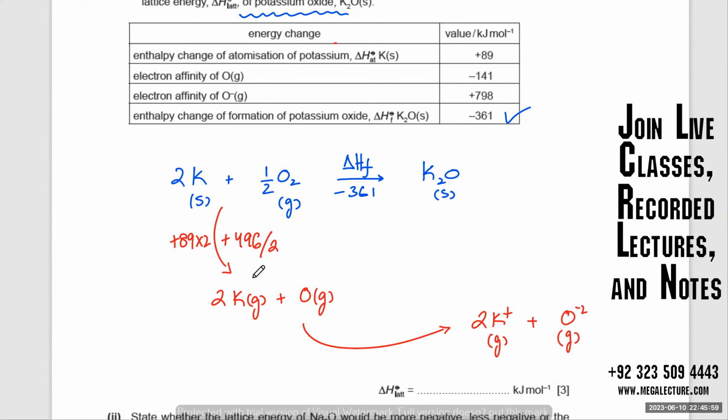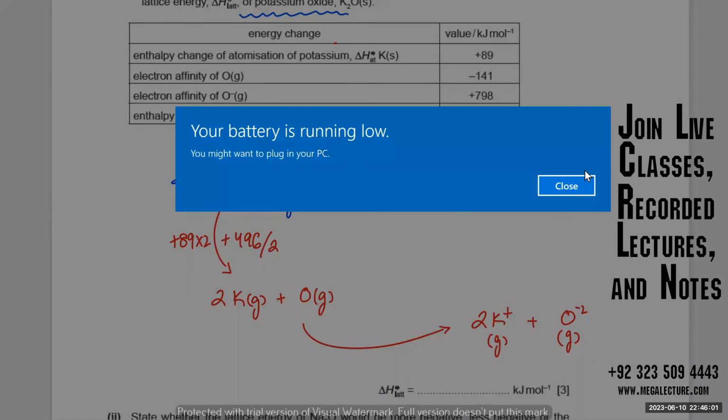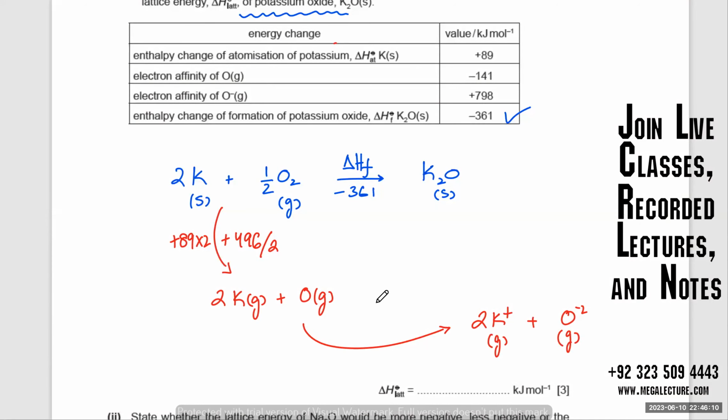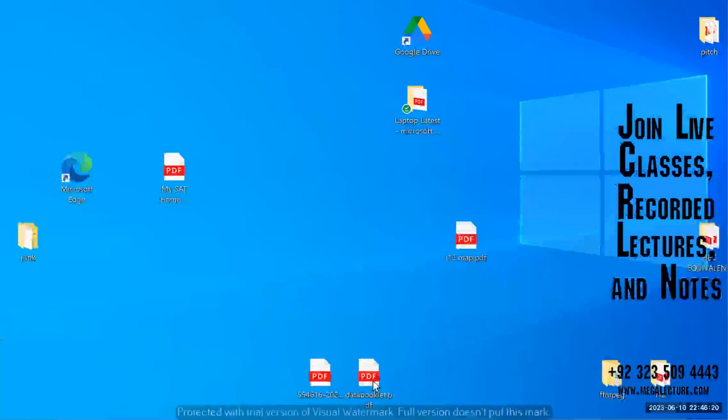In this case, remember, I'm ignoring all the tiny little steps. I'm just doing the big thing. So potassium into potassium plus 1, where do I find this? That's the first ionization energy of potassium. Usually it's given in the question.